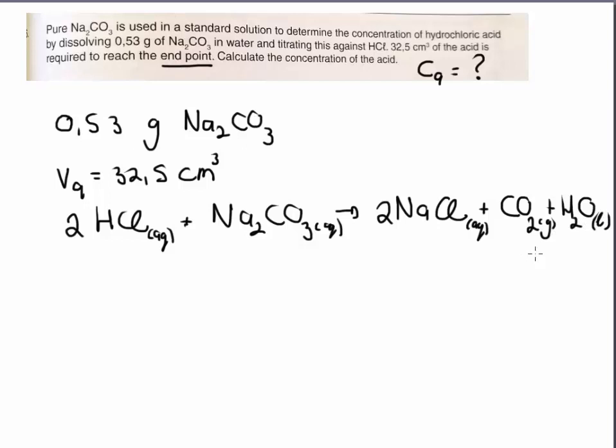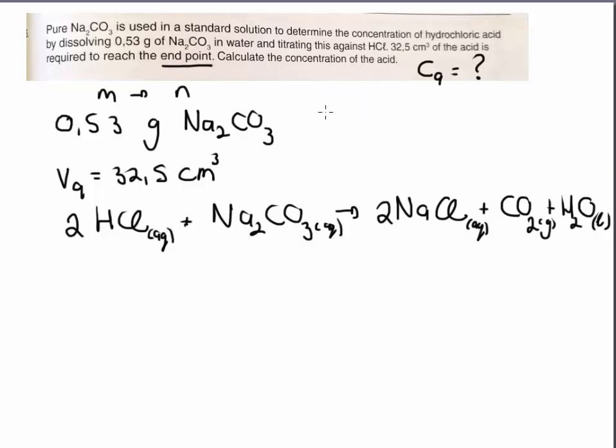Now that I have my balanced chemical equation, it helps me to figure out what my next step is. When you don't know what to do, always take what you have to moles. So let's take our 0.53 grams, which is mass, to moles.